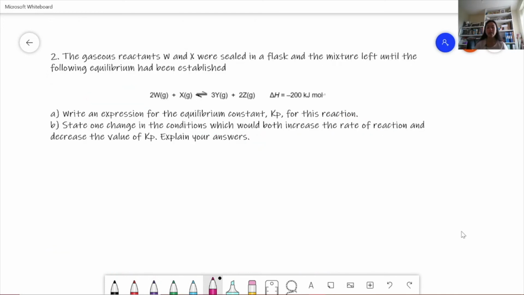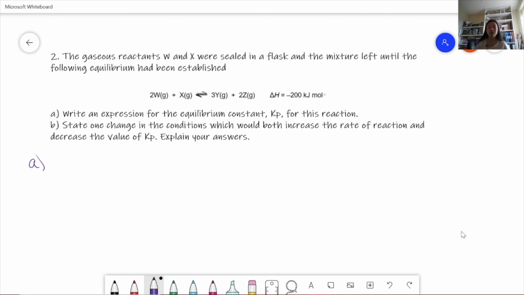So the gaseous reactants W and X were sealed in a flask and the mixture left until the following equilibrium had been established. For A, write an expression for the equilibrium constant Kp for this reaction. And so what we do is we know that Kp is the ratio of partial pressures of the products to the partial pressures of the reactants.